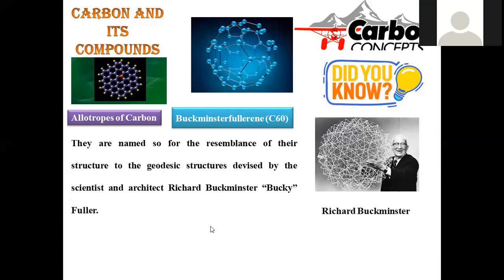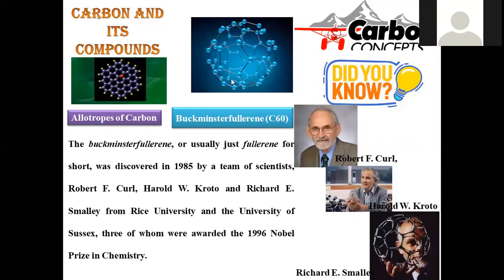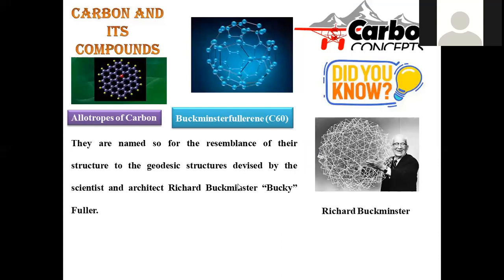Later, in continuation of their work, a similar structure was also discovered by the scientist Richard Buckminster Fuller, so the name buckyballs, carbon buckyballs, was imparted. It is also denoted as Buckminster fullerene. He also made the invention of a similar kind of skeletal structure related to fullerene. That's the reason the name is conferred with his name.